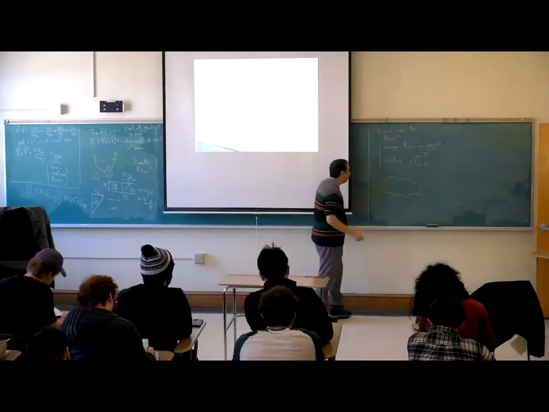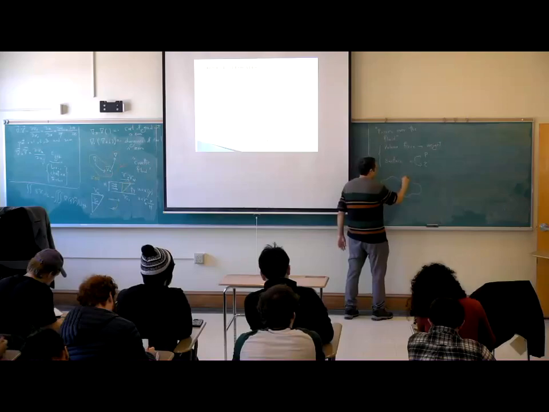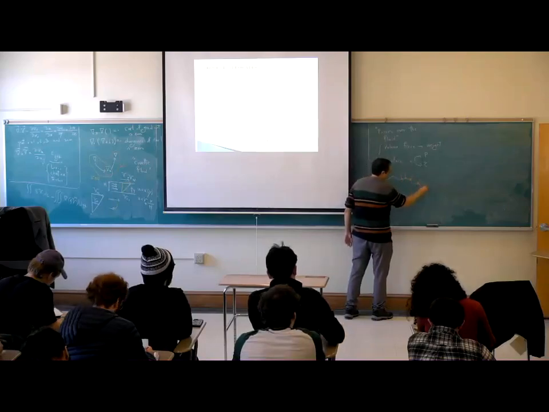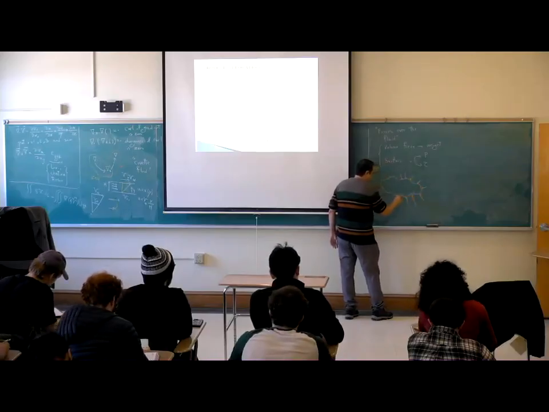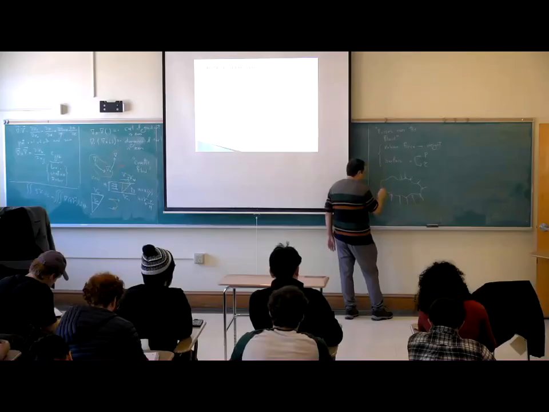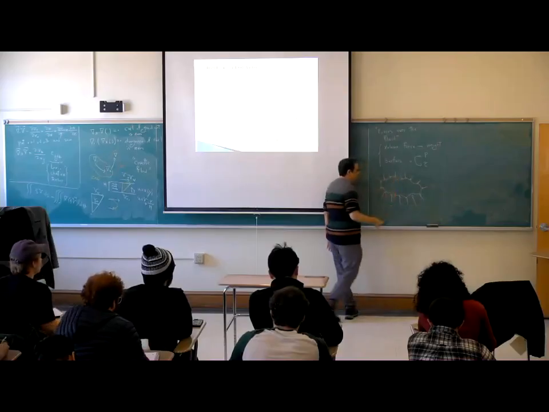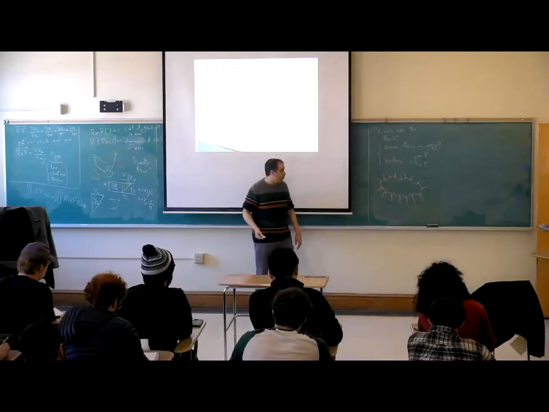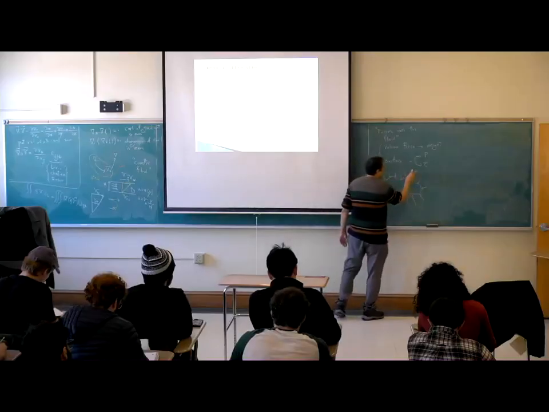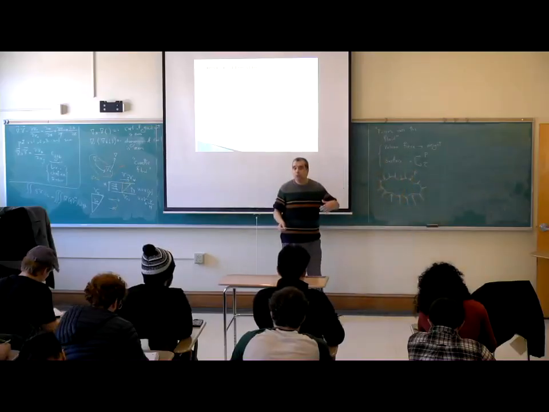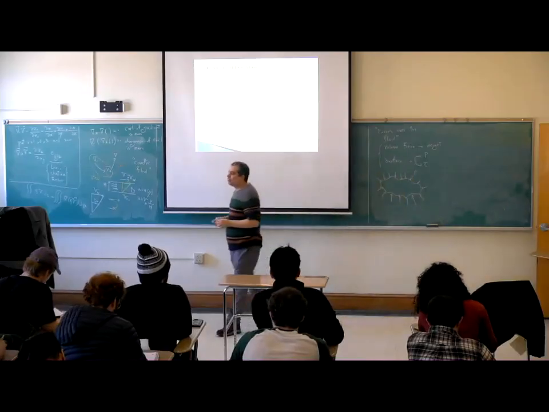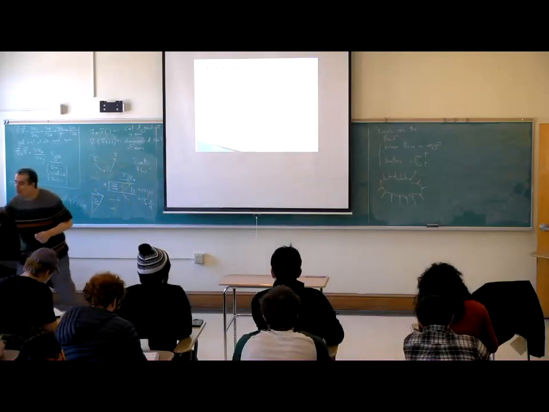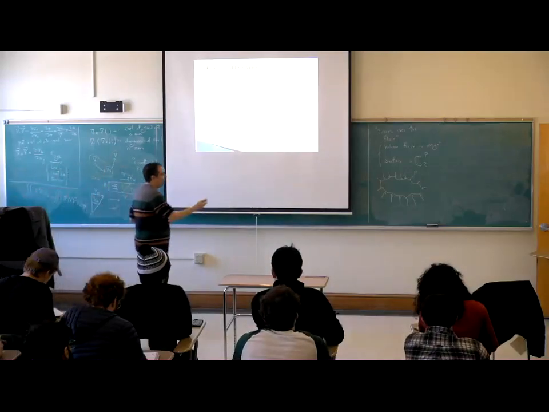Assume it is our control volume. Okay, this is our control volume. Pressure acts normal to the control volume. Can anyone tell me what is the direction of the normal vector of this surface?